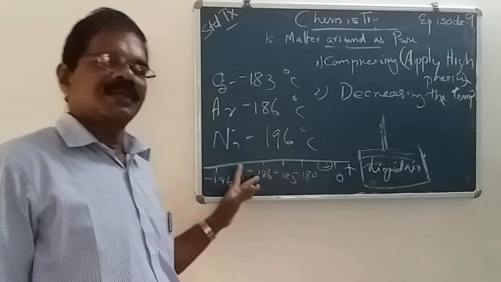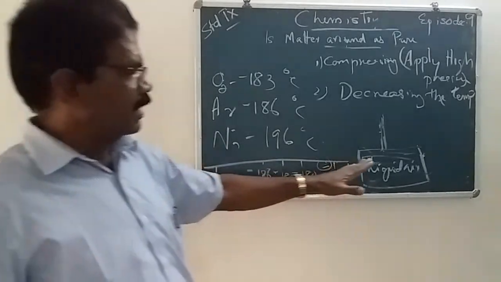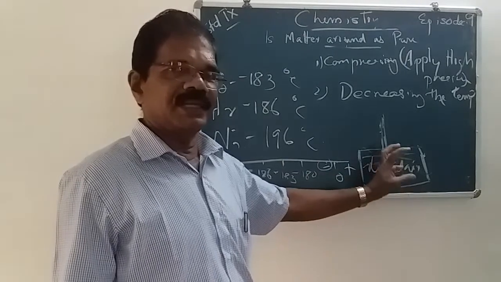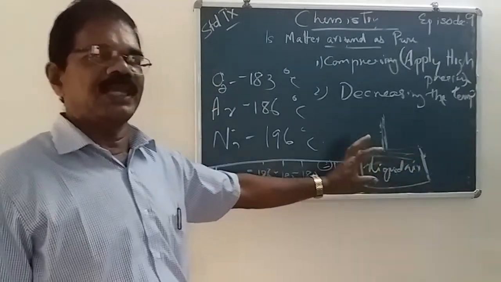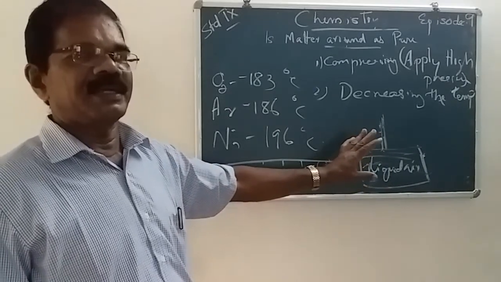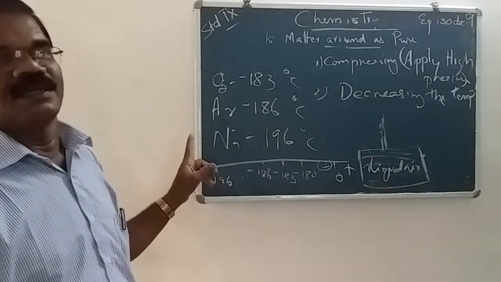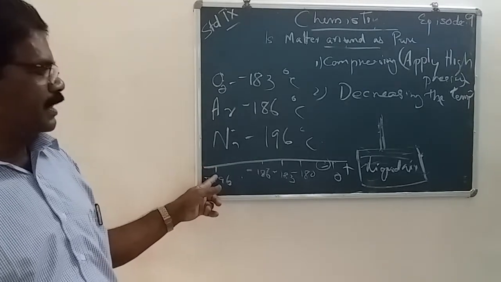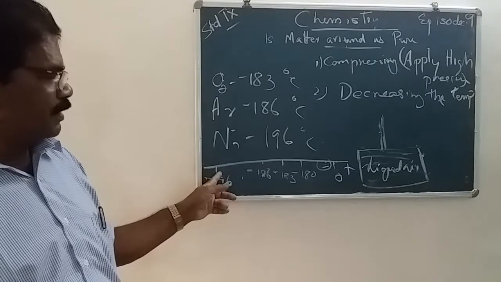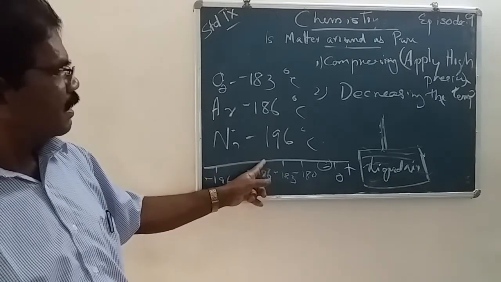By slowly warming the air, which is collected in our tank in the liquid state, what happens? Which gas do we get first? Nitrogen. When nitrogen is completed, then we go with argon.